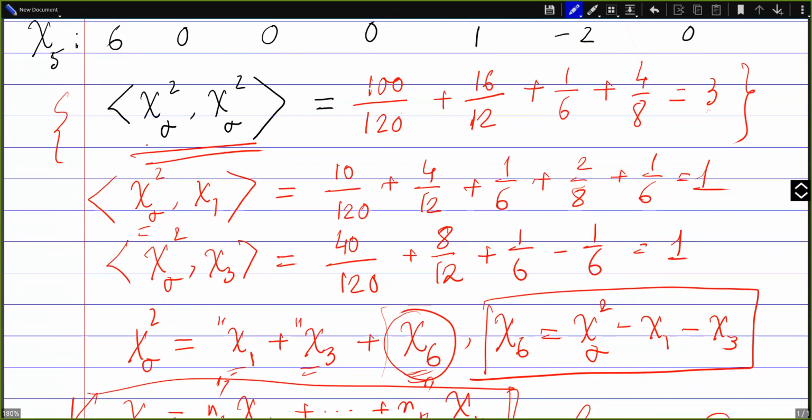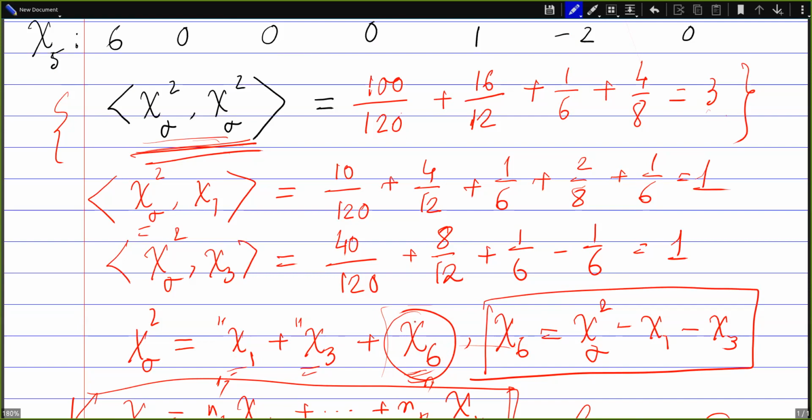Since we have already computed that this is 3, therefore 1 plus 1, and then the sum of the squares of the multiplicities of the other characters has to be 3. Yes, sorry, I'm right, 1 plus 1 plus the rest, the sum of the rest has to be 3.